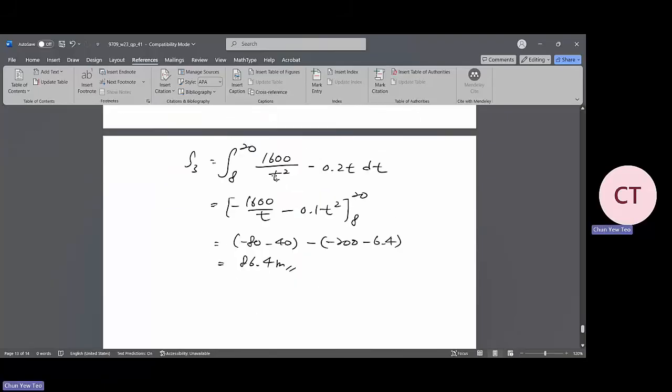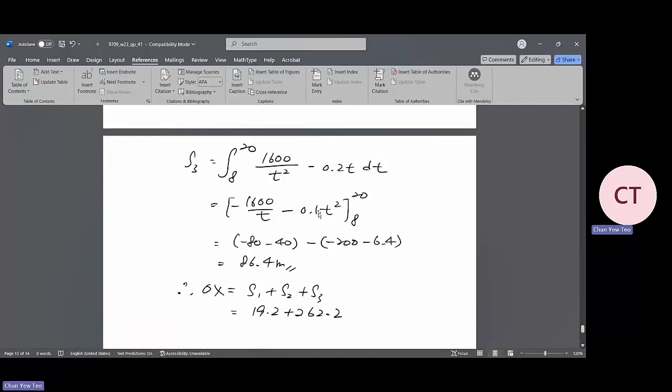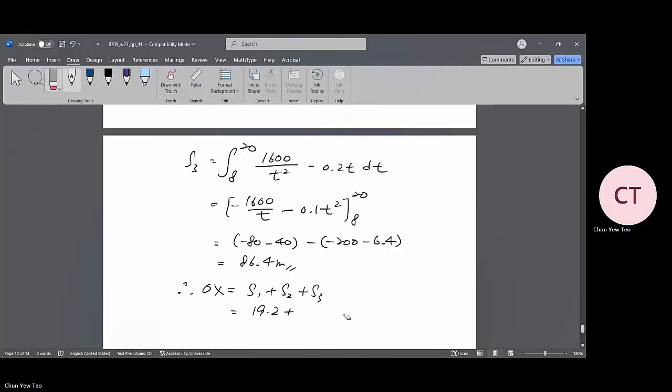So therefore, OX is equal to S1 plus S2 plus S3, which is 19.2 plus 156.6, sorry, 156.6, plus the last one, 86.4.